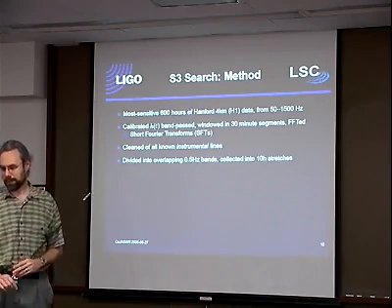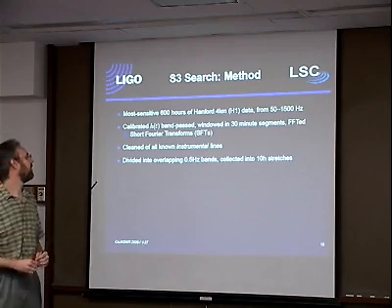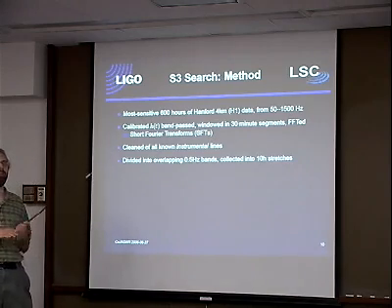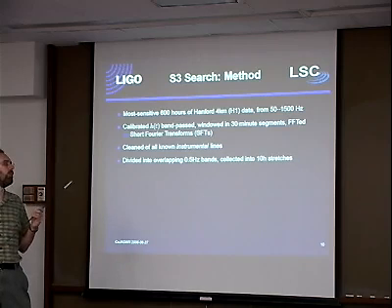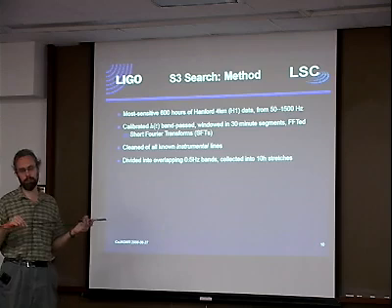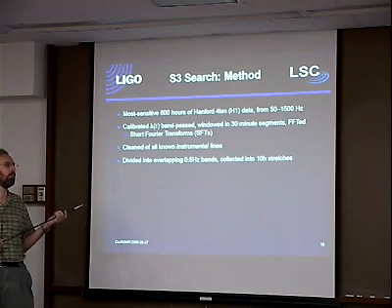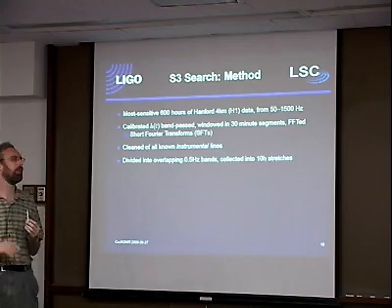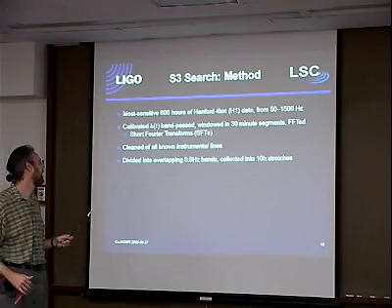These were then cleaned of all known instrumental lines. So basically frequency bands where there was a clear line of a known instrumental source, such as a violin mode, a thermal resonance of one of the test masses, things like that. Things where we had a good model of what the source of the contamination was.